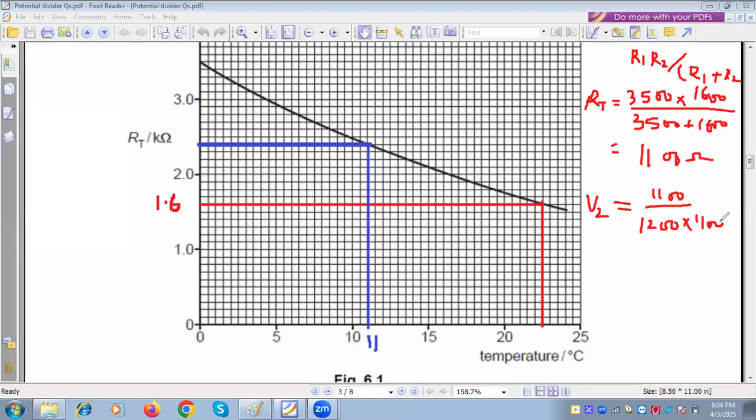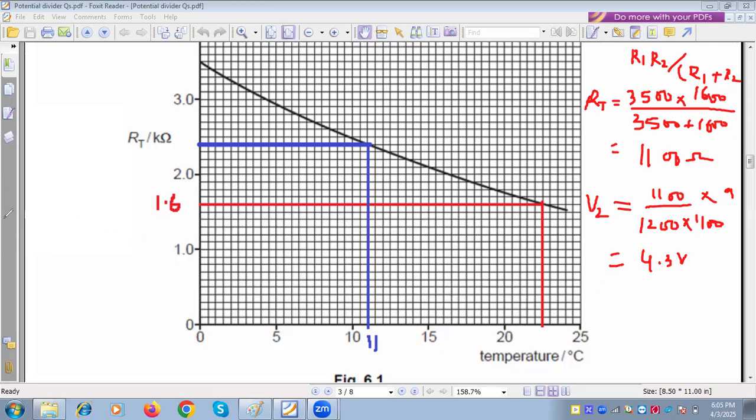Battery's voltage 9 volt. So when we solve it, the answer turns out to be around 4 point something, that is 4.3 volt. So this will be the maximum voltage the voltmeter can show, 4.3 volt, when the thermistor is at 0 degrees Celsius. So we have to remember the value here.